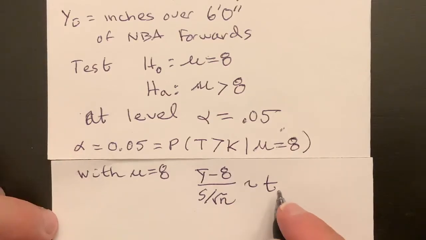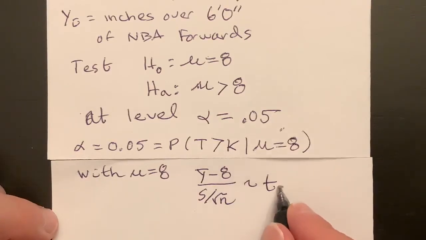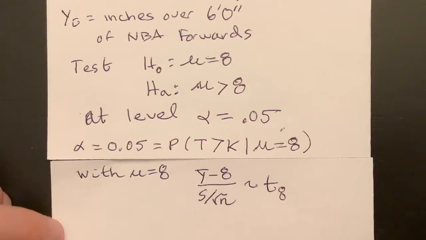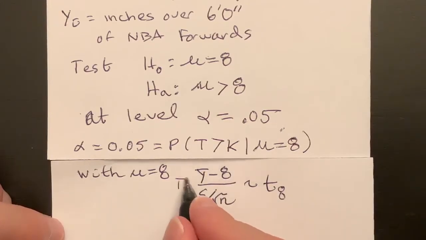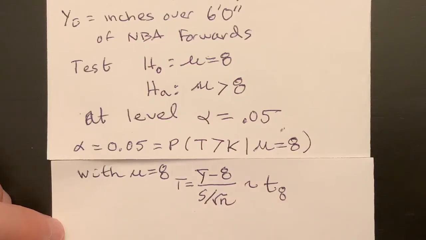This is also 8 by coincidence, right? So this is 8 degrees of freedom. Okay, so this is T. So that has the T distribution with 8 degrees of freedom.